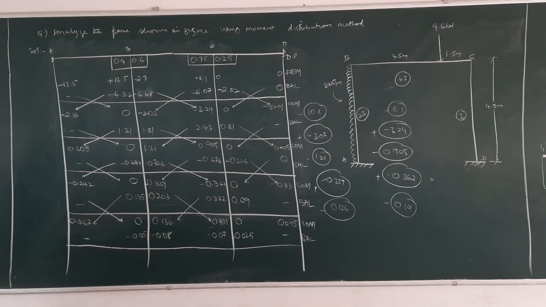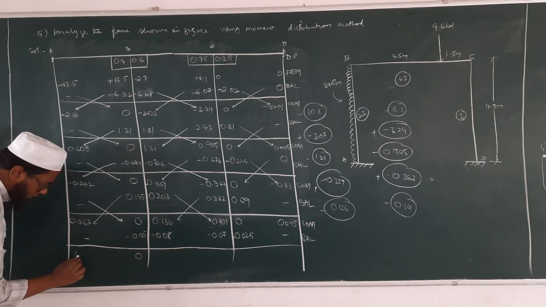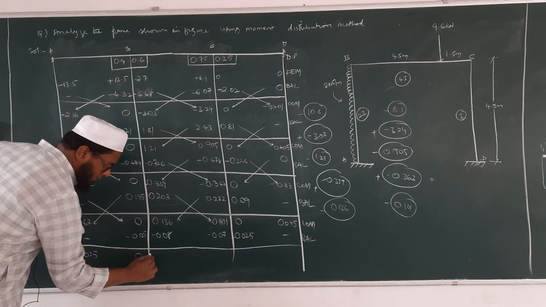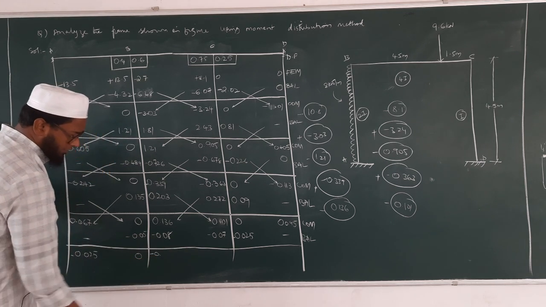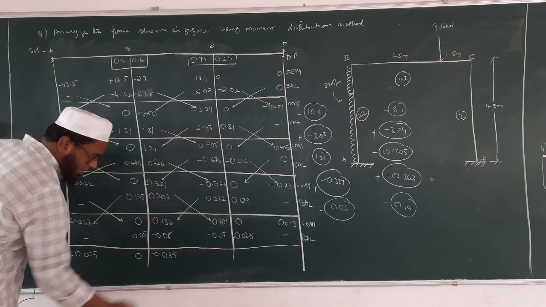Now you do carryover moment. Okay. So this will be how much? 0.025 minus. This is 0. What about this one? Minus 0.035.